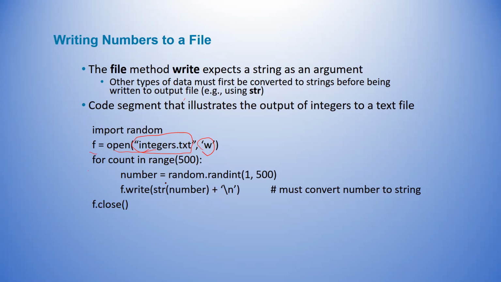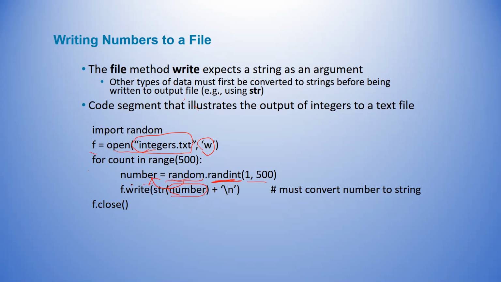So we are generating a random number using this module, random, and .randint, that's a method name, from 1 to 500 inclusive, and store it into number. And then we are writing this number to the file.